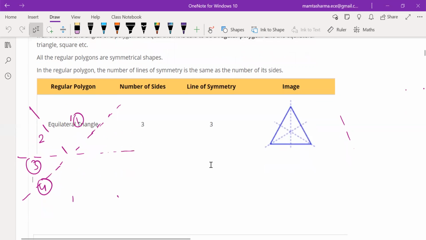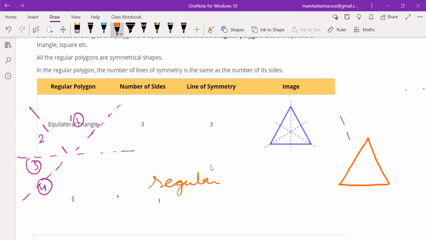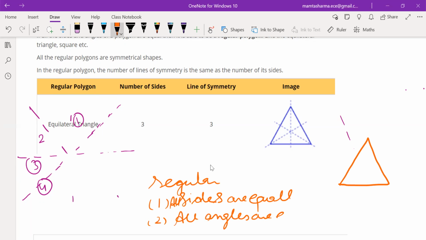If I say, tell me, is this equilateral triangle a regular polygon or not? Regular polygons are those polygons which have all sides equal and all angles equal. Yes, ma'am, all sides are equal, all angles are equal. So this is the definition of a regular polygon.